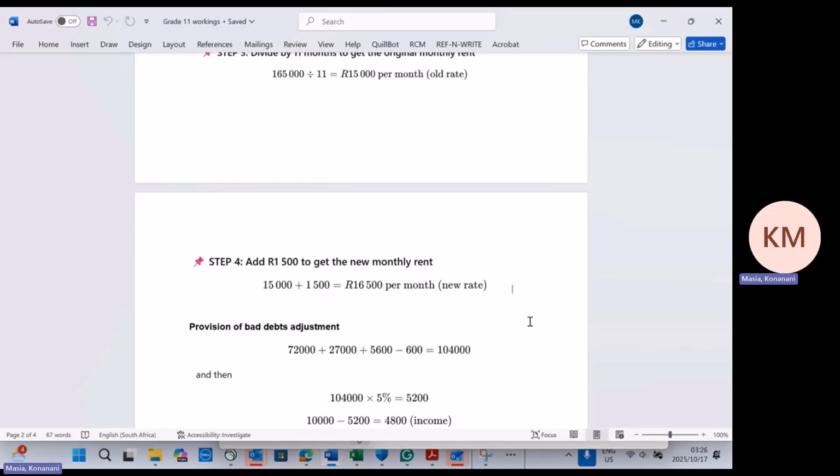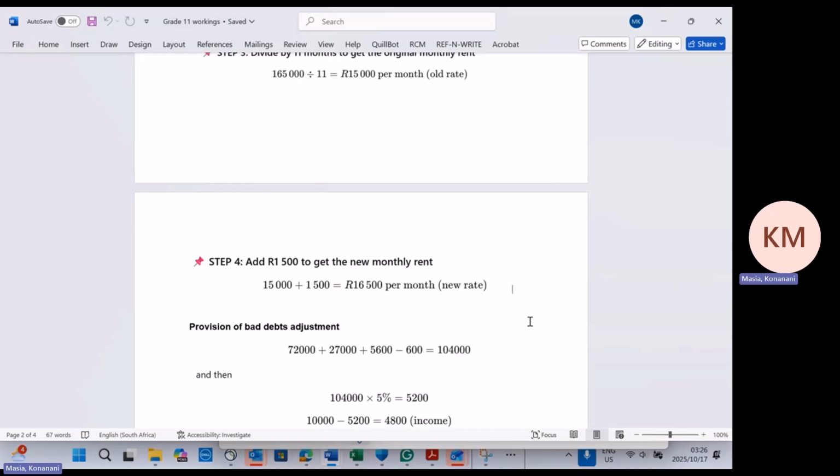I'm going to debit my provision for bad debts, which is on the balance sheet, and then I credit my income with 4,800, to reduce the provision from 10,000 to 5,200. Remember, accounting is about debit and credit. My journal entry will be to debit your provision to reduce it from 10,000 to 5,200, so that you can determine your 4,800.